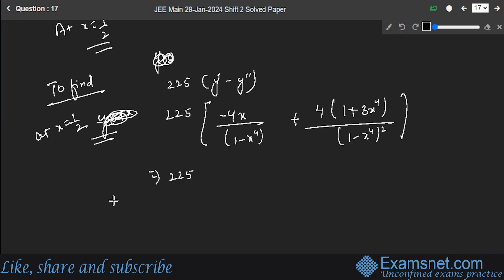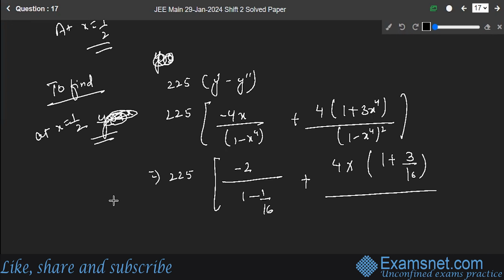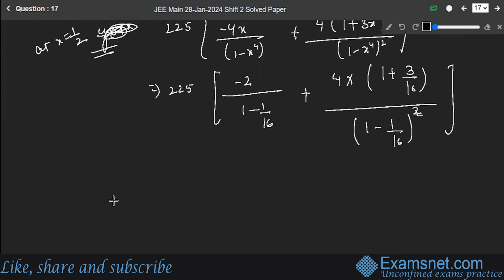So you have 225 minus 2. This is minus 1 upon 16 plus 4 into 1 plus this is gonna give me 3 upon 16, divided by (1 minus 1 upon 16) whole square. You have 225 over here.